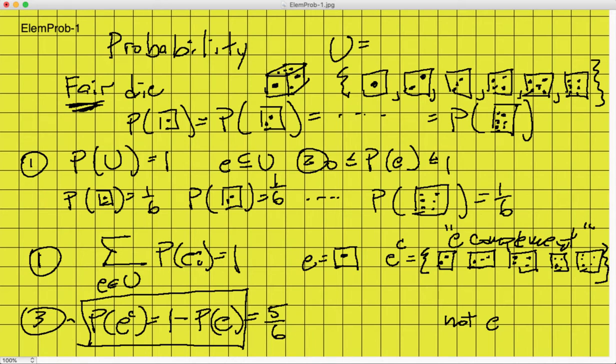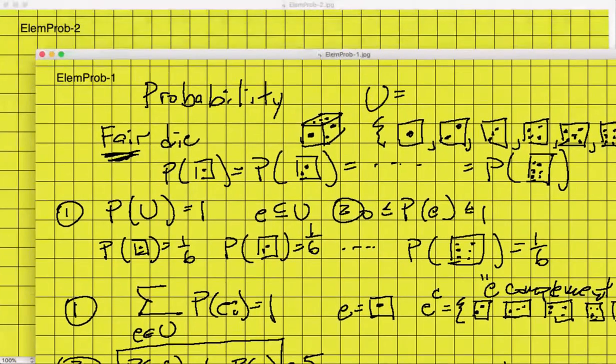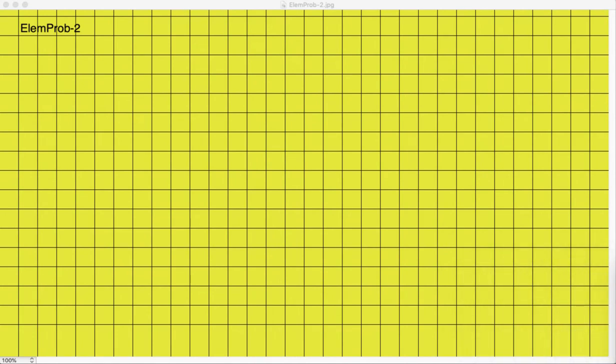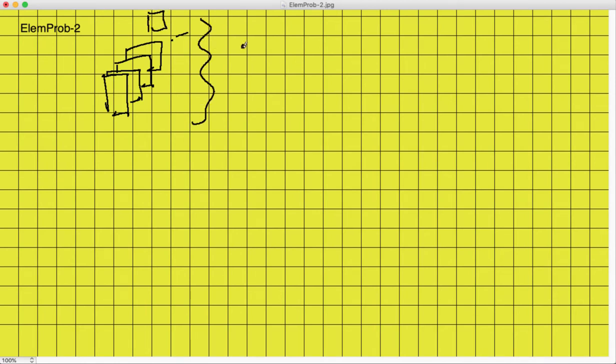Again, I assume that this is all review. Okay, I want to consider another experiment. I've got a deck of cards here, and there are 52 cards.